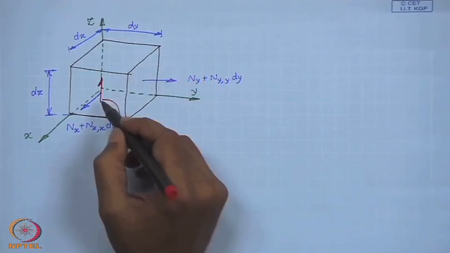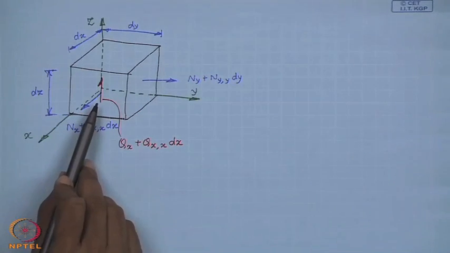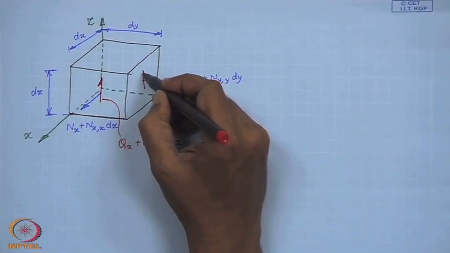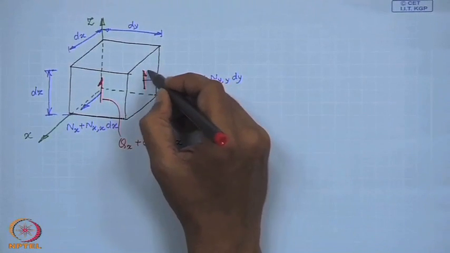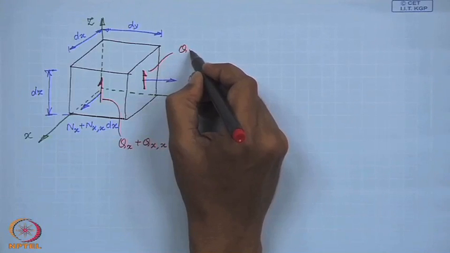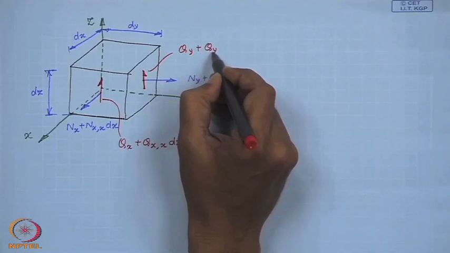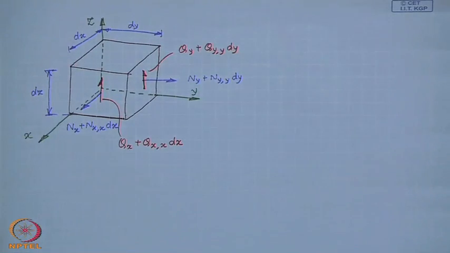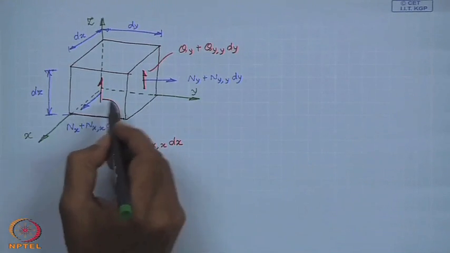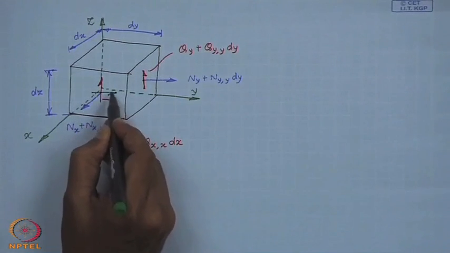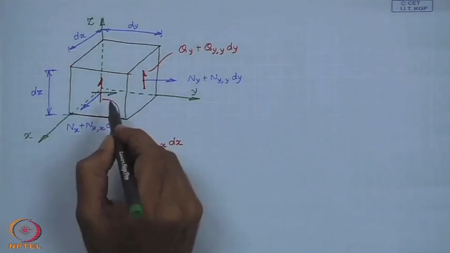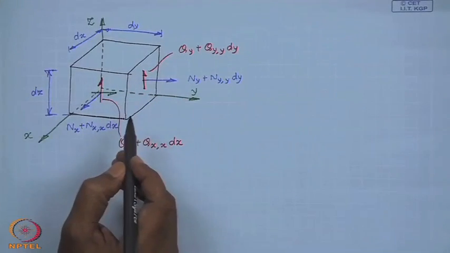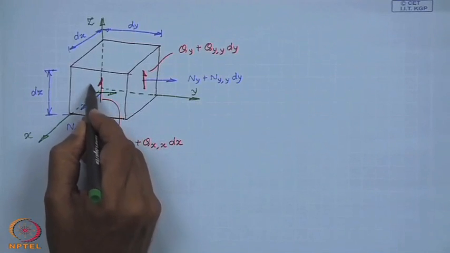That will be q x, and this is q x plus del q x del x dx. Similarly here, up, this is q y plus its derivative, and the in plane shear stress resultant, which is n x y.